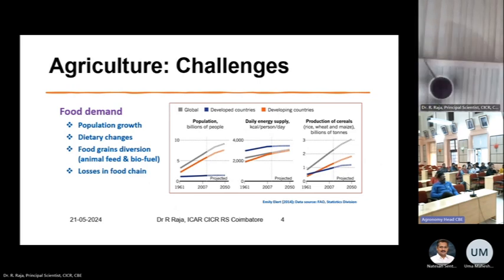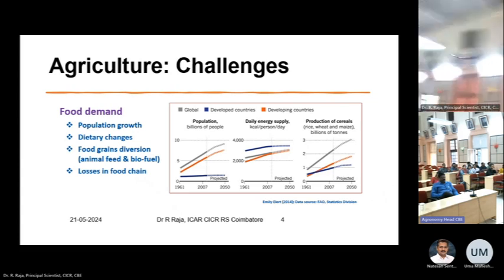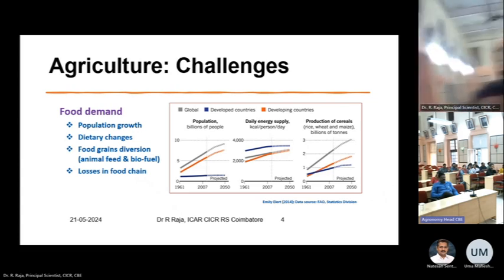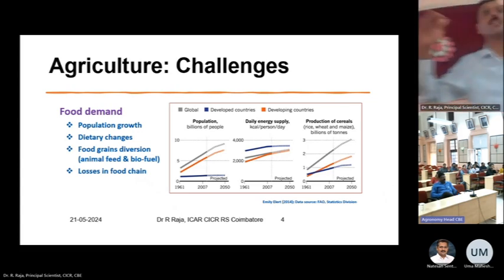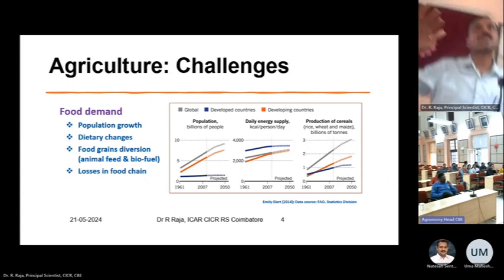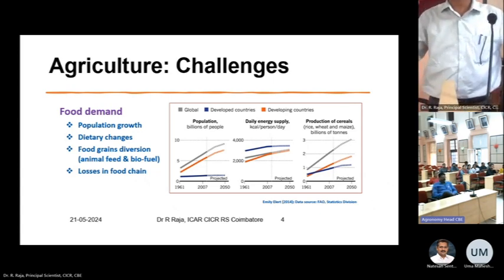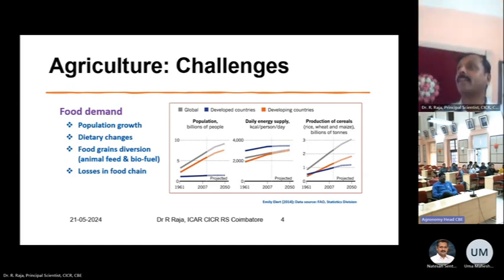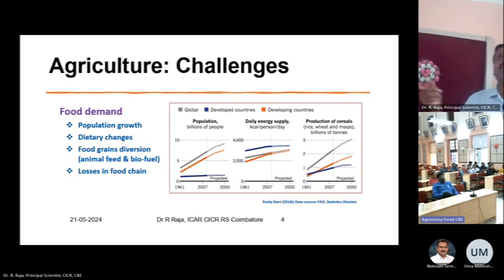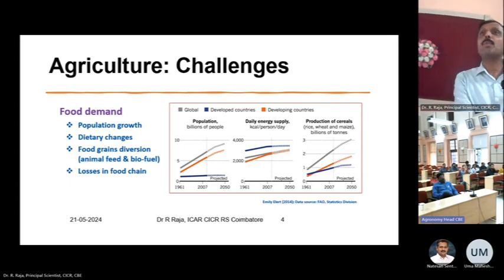Recently, in order to keep sugar prices at an optimal level or to avoid a spike, the government has stopped using sugarcane juice for alcohol production, because now we are blending alcohol with petrol. Up to 11% blending we achieved, right? Earlier, only through molasses could sugarcane factories produce alcohol.